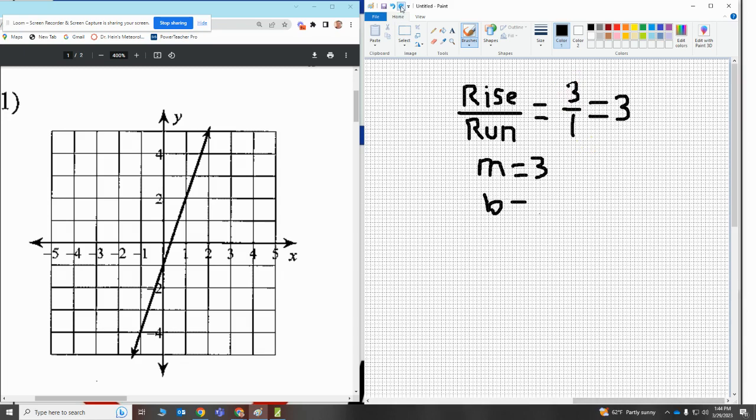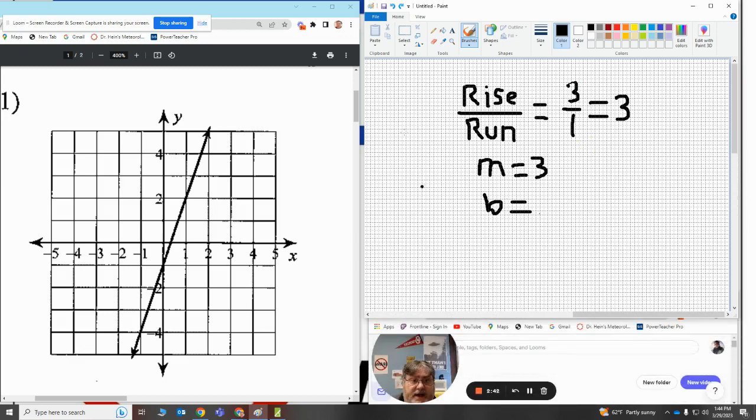So my y-intercept is literally where this line intercepts or touches the y-axis. So looking at the line, it touches the y-axis at -1, okay? And so my y-intercept is -1, and my slope is 3, positive 3, okay?